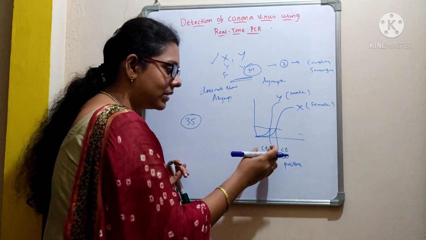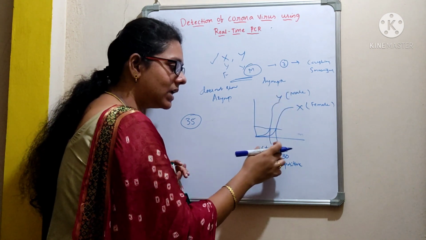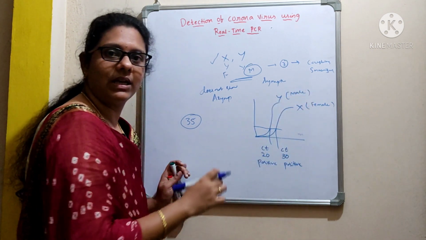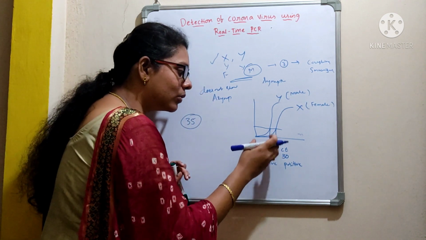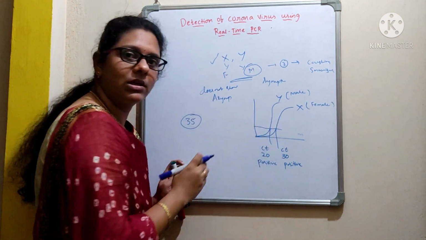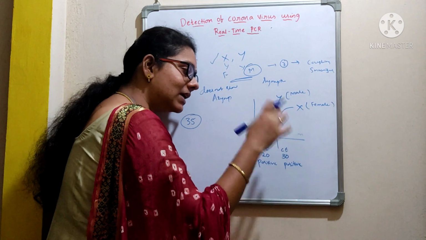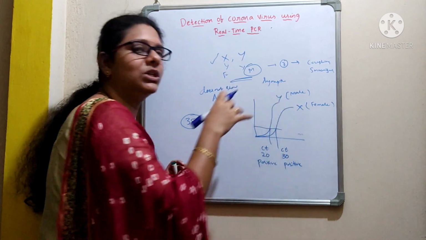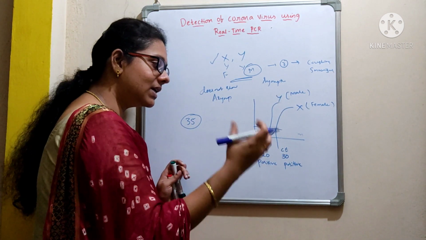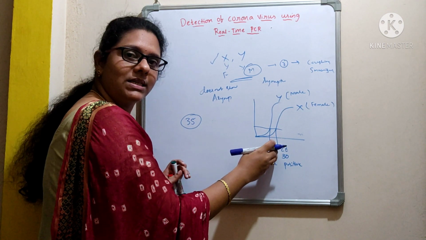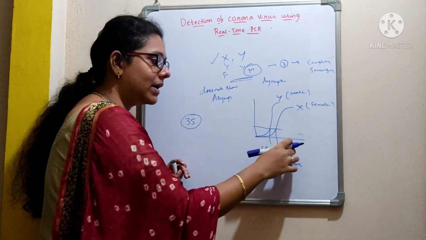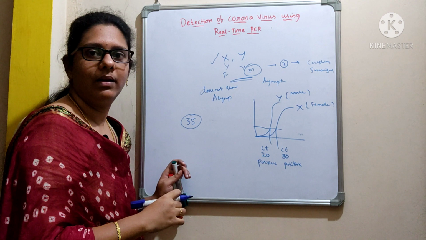But here the CT value of the male is 20 and the CT value of the female is 30. That means it took 20 cycles to detect the gene product for the male, and for the female it took 30 cycles to detect the same gene product. Here we can say that this person has more viral load compared to this female.